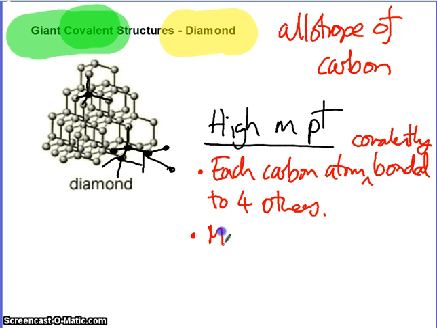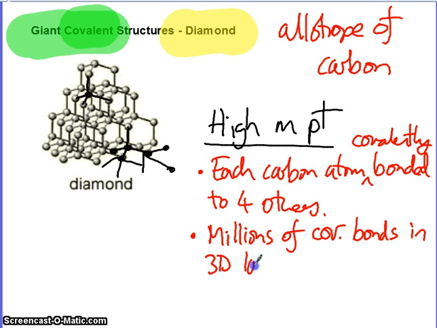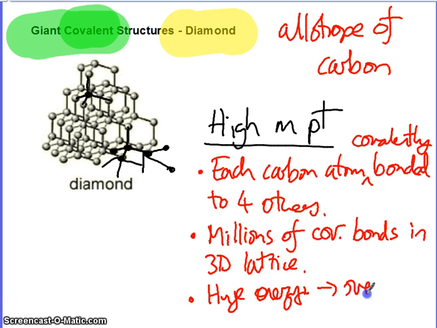So there are millions of covalent bonds in a 3D lattice. So a huge amount of energy is required to overcome the bonds.